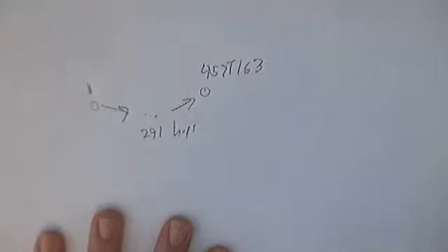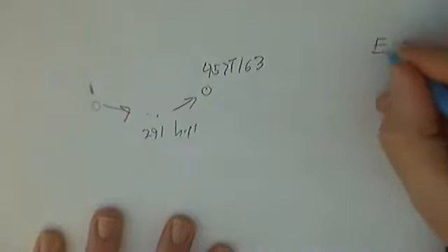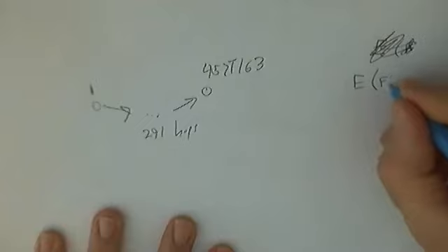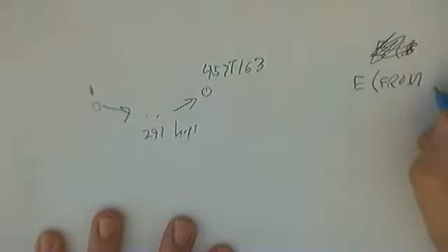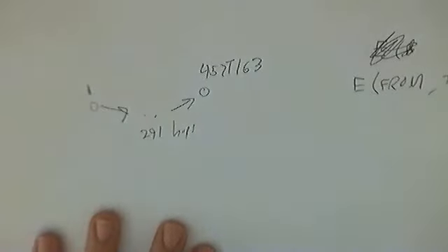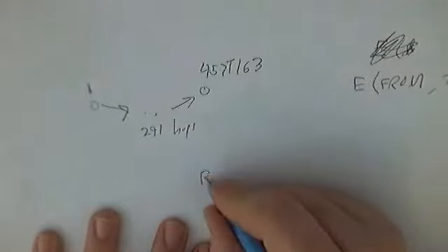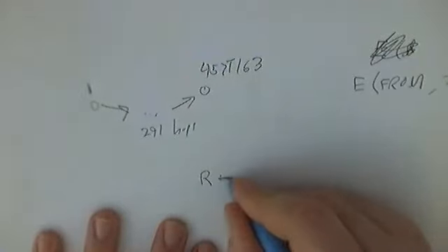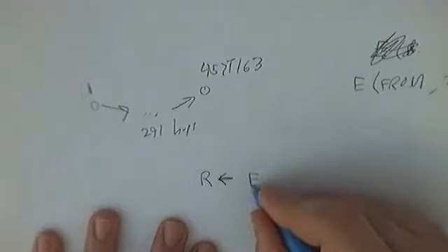All right. So we have this E, which is from and to. Okay. So I'm going to do the following. I'm going to say that R equals E. Okay.